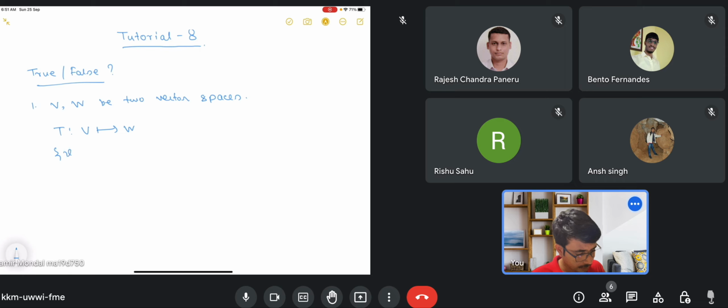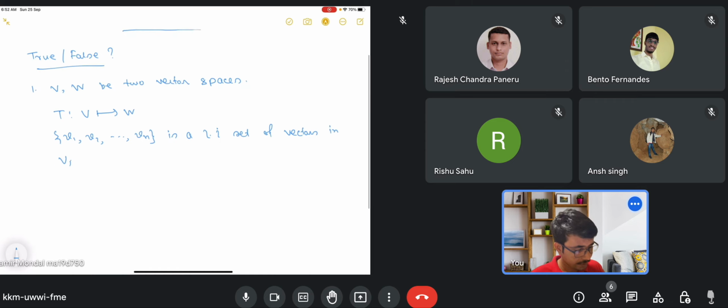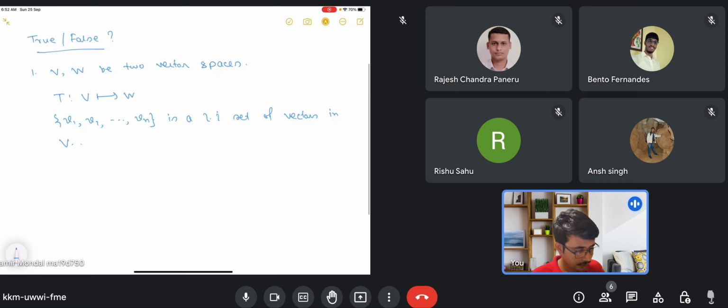And this V1, V2 up to Vn is a linearly independent set of vectors in V. My question is, what can we say about this collection?